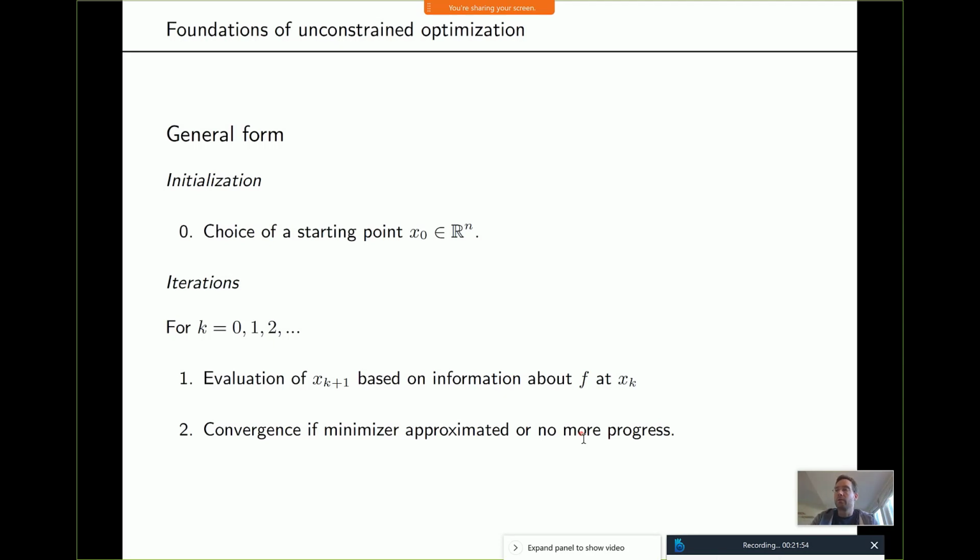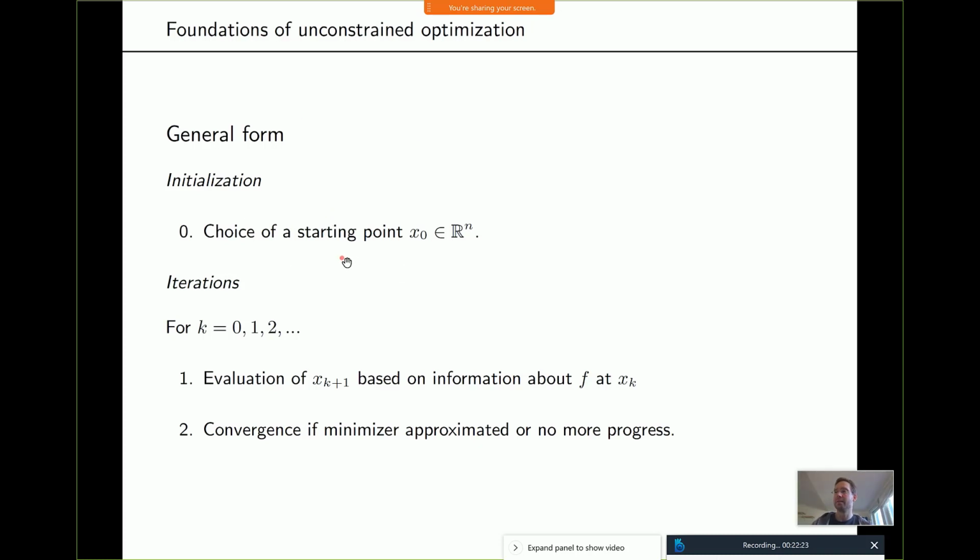Another criterion for stopping is just that the maximum number of iterations has been spent. Even if there is still a little bit of progress, but it might be small, at one point you want to stop the algorithm. So the rules for stopping the algorithm are as flexible as the rules for selecting starting points.